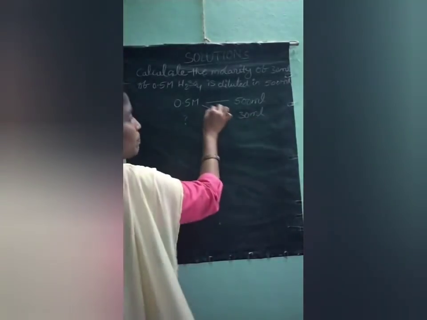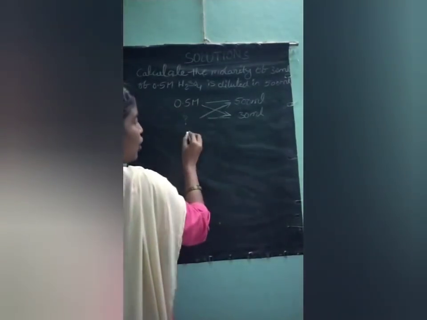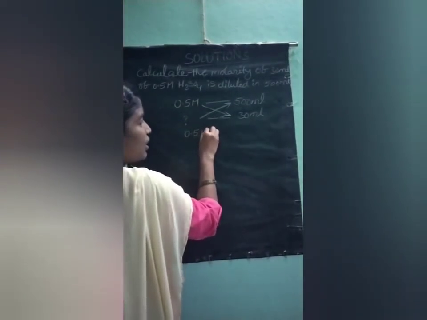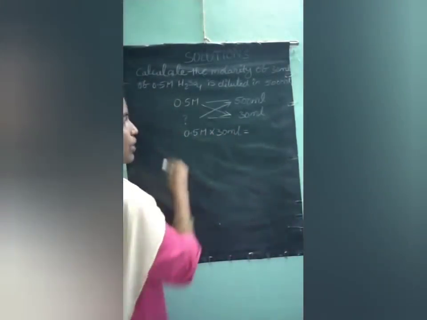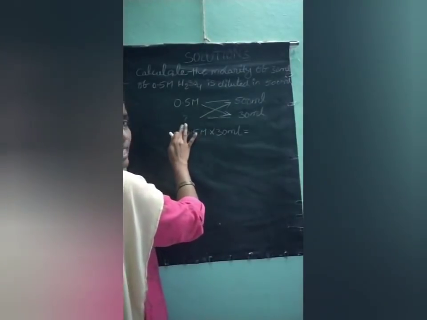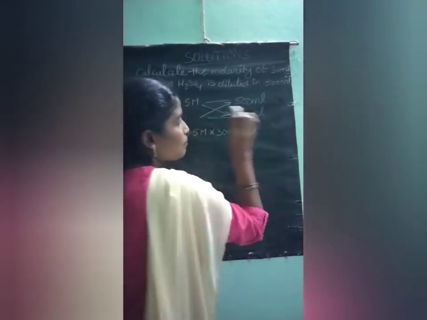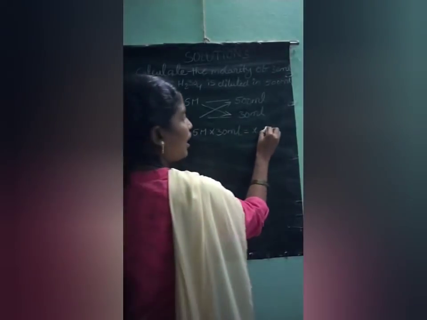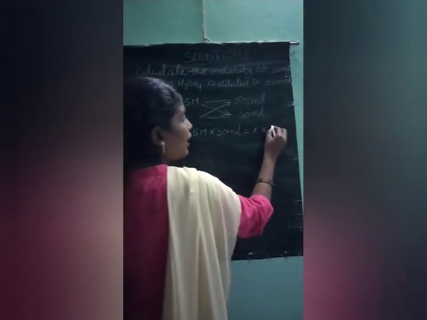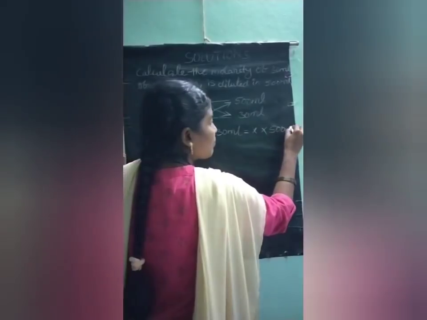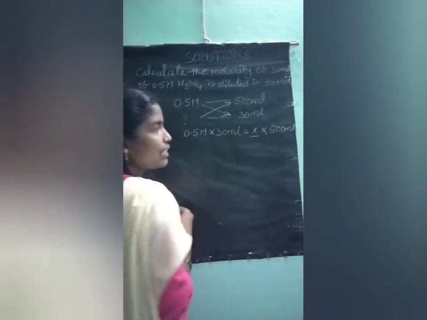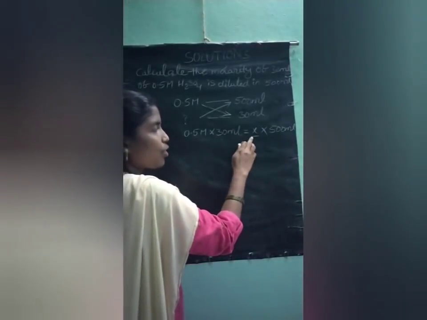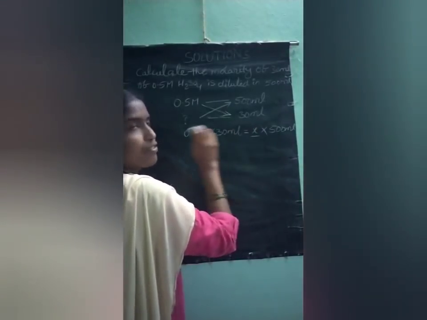So by the crisscross method, 0.5 molar into 30 ml is equal to the unknown concentration, simply written X, into 500 ml of volume. So we calculate only X, the sulfuric acid concentration at 30 ml.